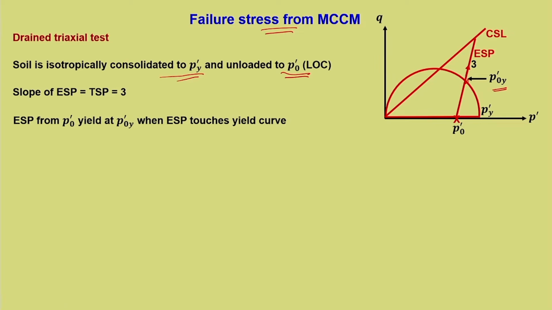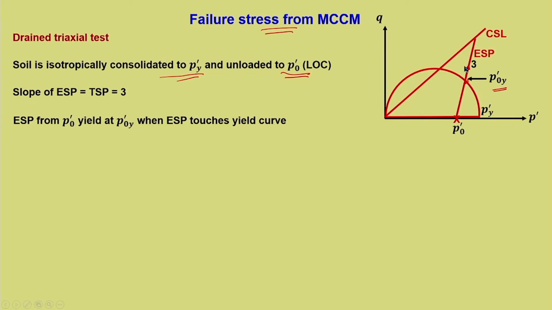Now remember, the same discussion we have done in module 3. We do not have any idea about where it is going to yield. We just talked about the final state or the failure state where the ESP touches the critical state line. Now we are adding one more information, that is the yield stress. Now where the ESP touches the yield curve, that is P naught dash y.